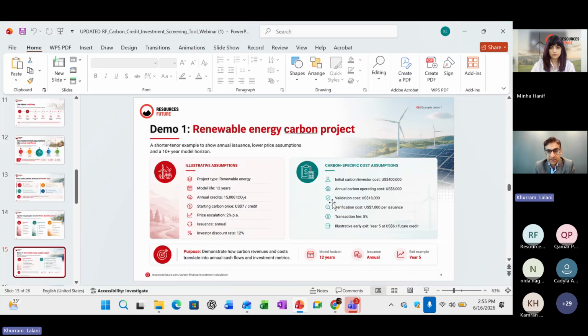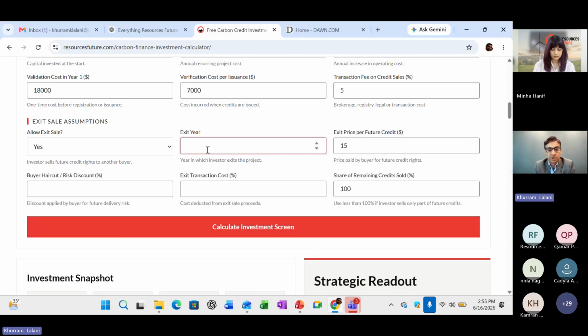Expected price, let's say, is around $6 if I want to exit early. So year 5 at $6. So let me take this as year 5, and I want to sell all the inventory, even the forward inventory. This is going to be a forward sale.